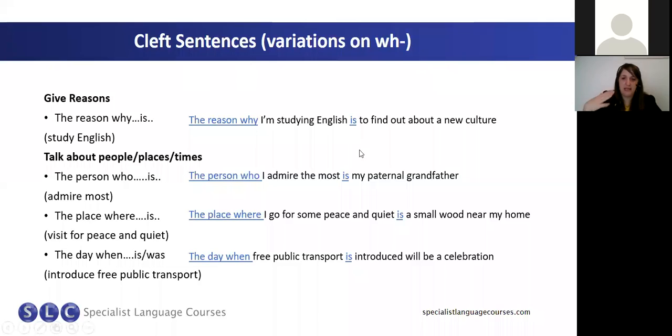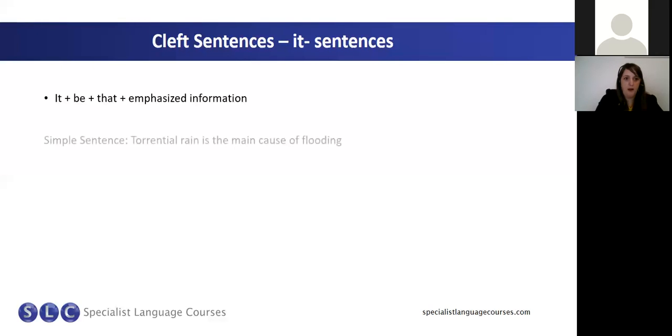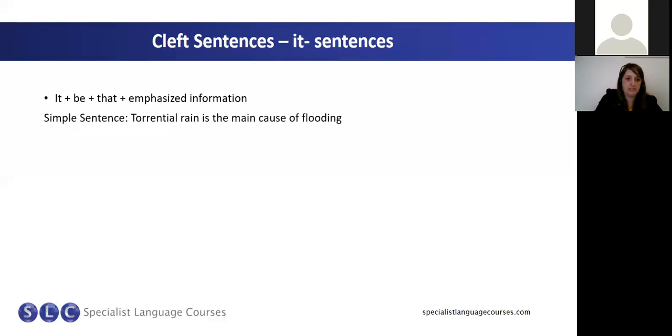We've looked at cleft sentences using what, variations on what, and now we're going to have a look at the other variation we mentioned at the beginning, which is using it in a sentence. So, in order to make a cleft sentence using it, we need to use it followed by the verb to be, that, and the emphasized information. For example, we have a simple sentence, torrential rain is the main cause of flooding.